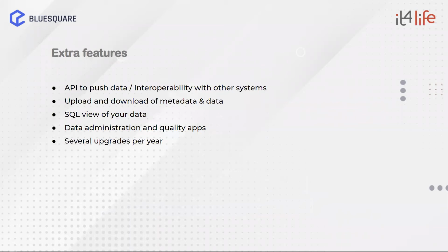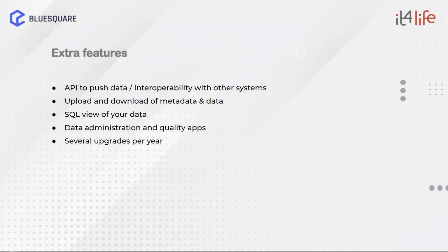Extra features. DHIS2 has a powerful API, an application programming interface that allows you to communicate with other data systems, to push to pull data. You can upload and download also metadata and data into your system. If you have historical data based on the last 5 years of your project, it's possible to upload them into DHIS2.